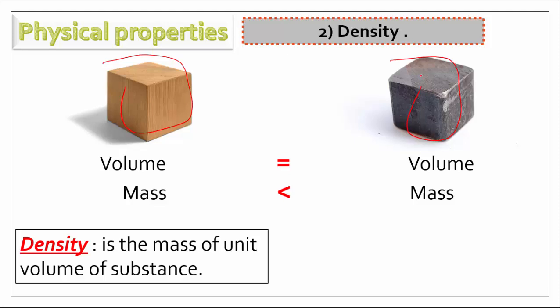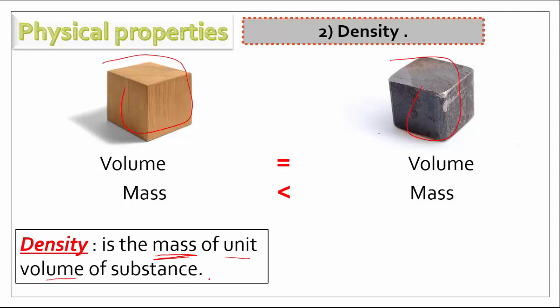So instead of saying no two objects have the same mass and the same volume, I say no two objects have the same density. Density gives you the relation between mass and volume, so that we can define density. As you can see here, it is the mass of unit volume.